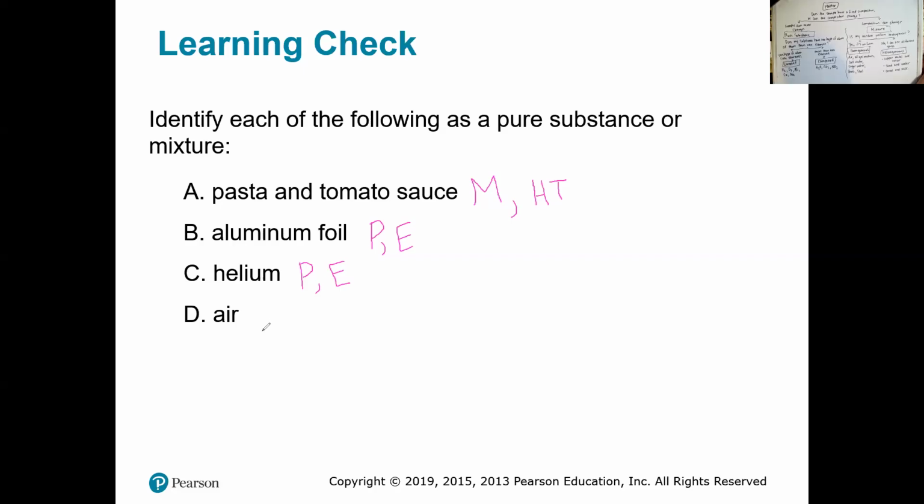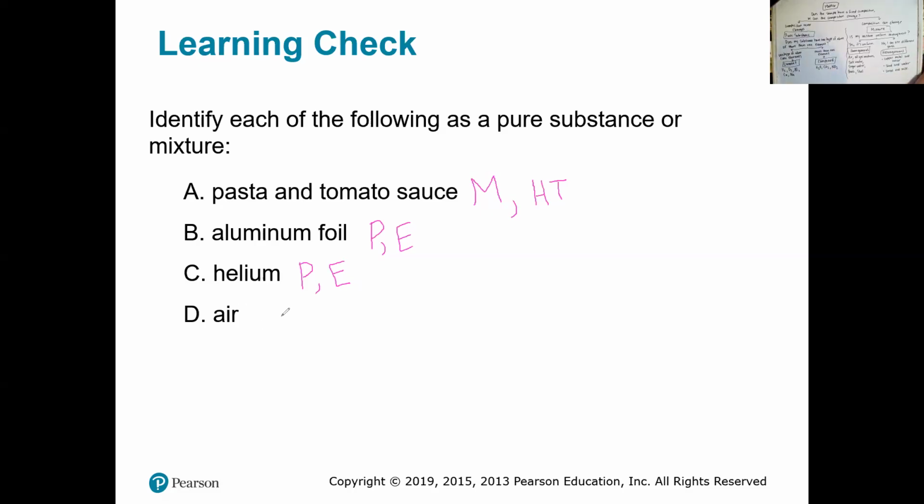And air is going to be a mixture. Air does not have a set fixed composition. It has a common percentage of like nitrogen versus oxygen that you'd find in air that's breathable. But if you go different places, certainly different things can make up the air that you're breathing. So the fact that the components of air can combine differently means that it's not a pure substance.